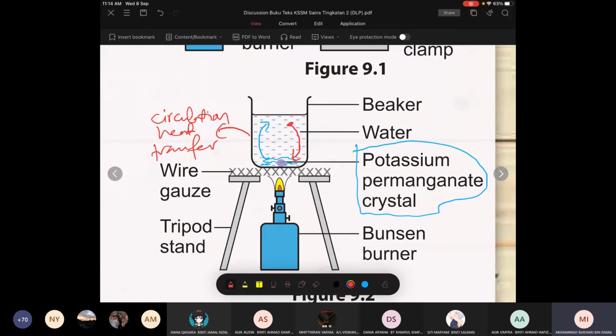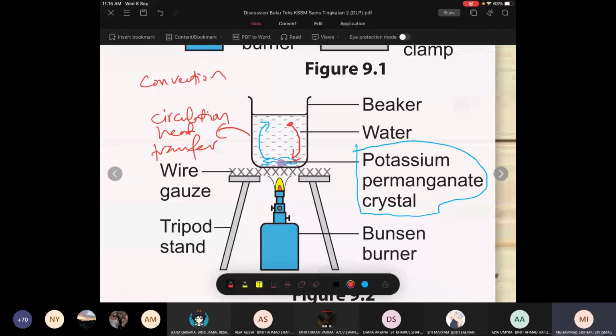Even though only the water at the bottom is heated up, finally all parts of the water in the beaker will be heated up because of convection. Remember, the process here is convection.